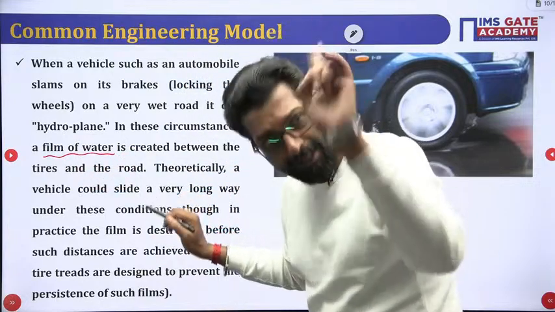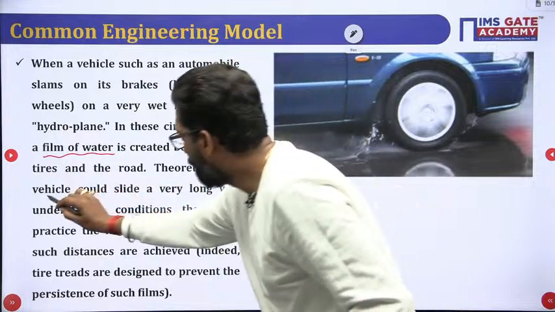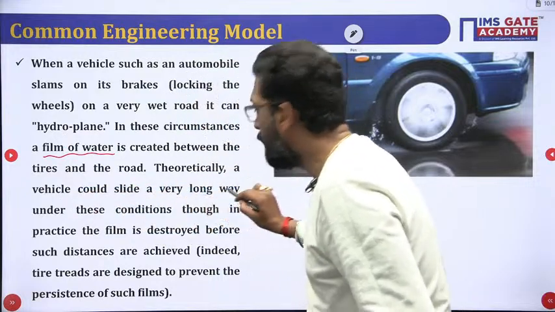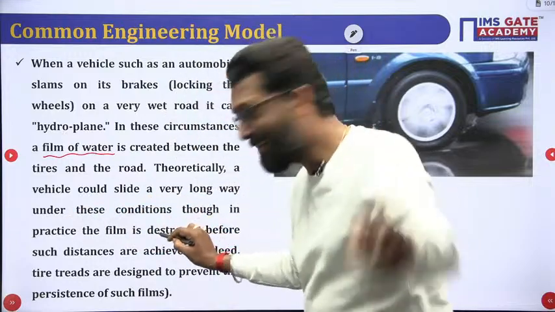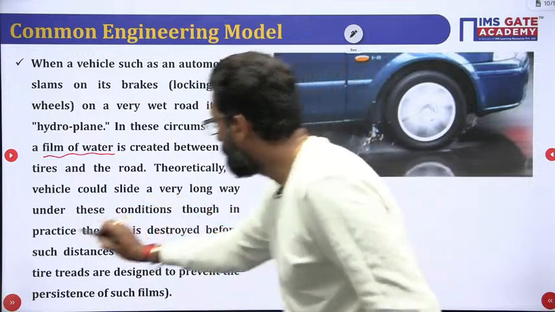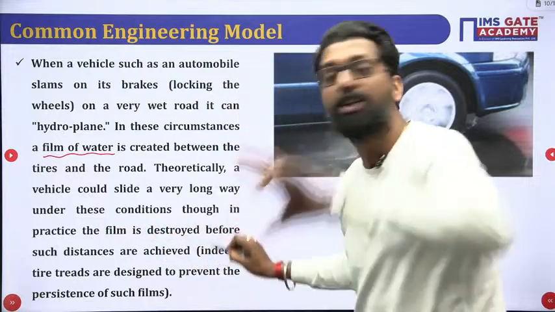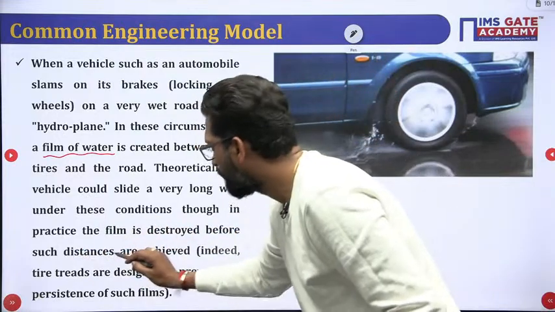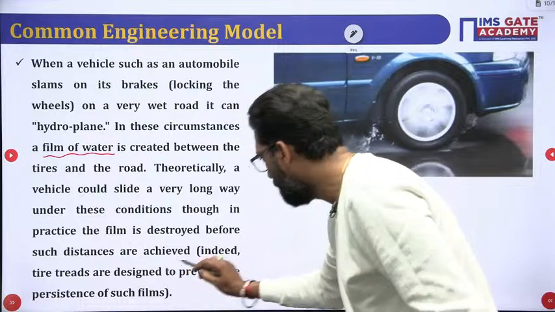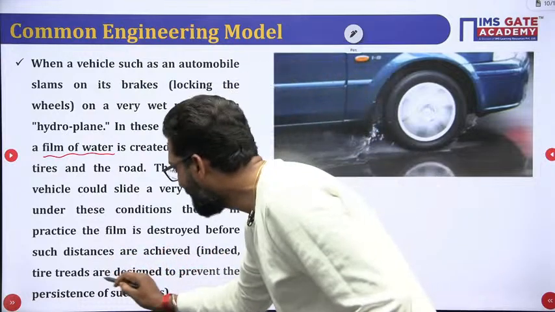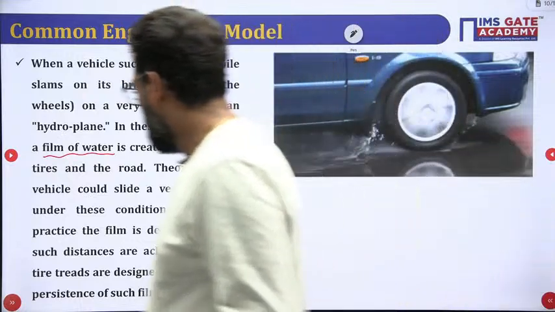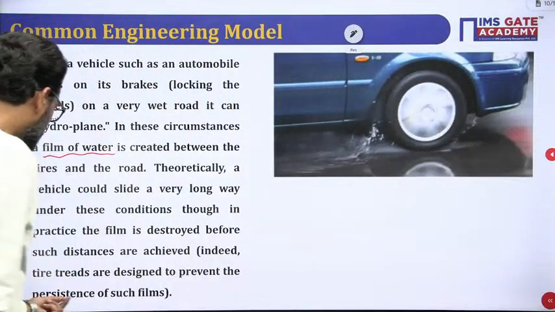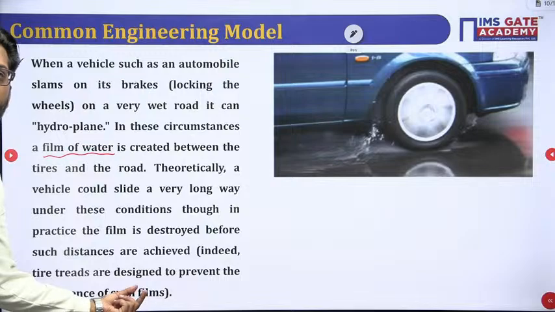Theoretically, a vehicle could slide a very long way under these conditions, though in practice the film is destroyed before such distances are achieved. Indeed, the tire tread is designed to prevent the presence of such a film.